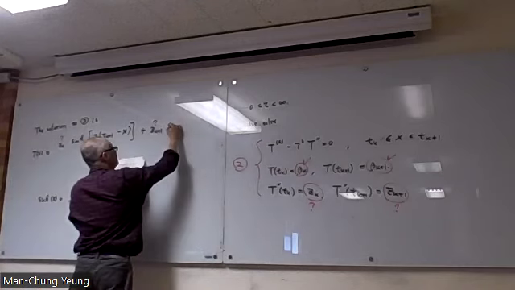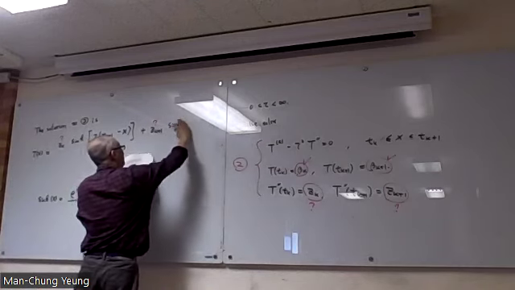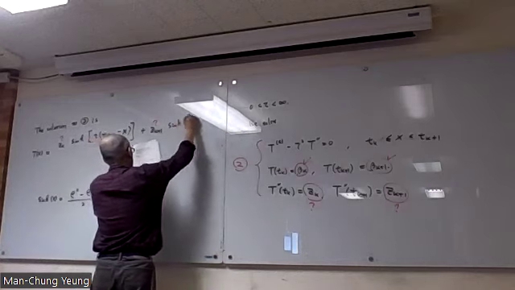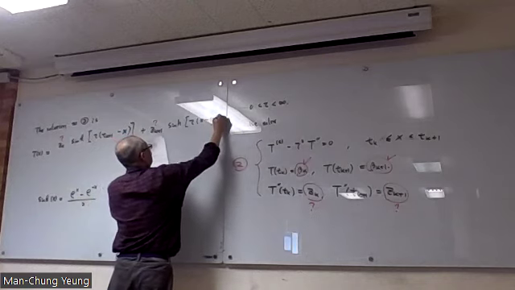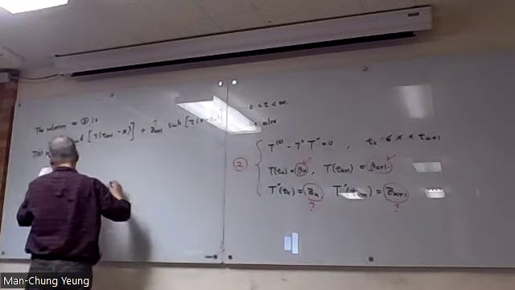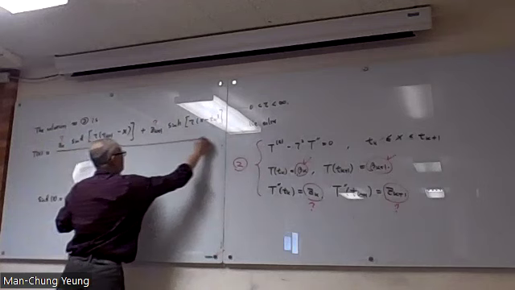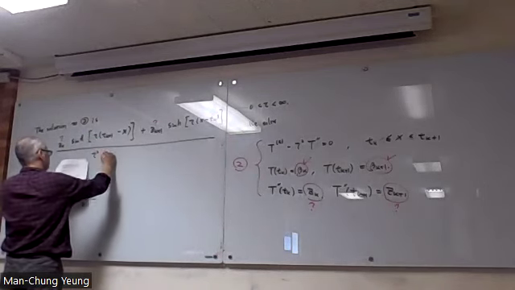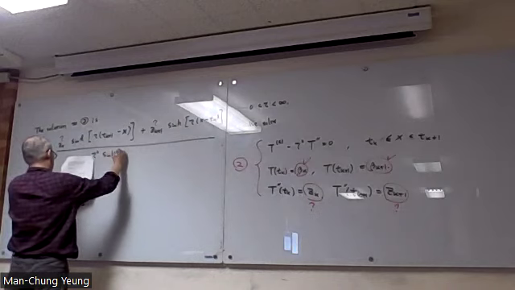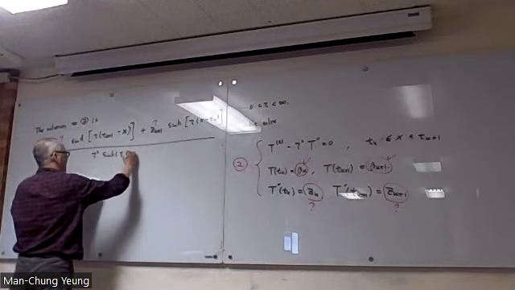And then the sinh of tau times x minus tk, over tau squared times sinh of tau hk.